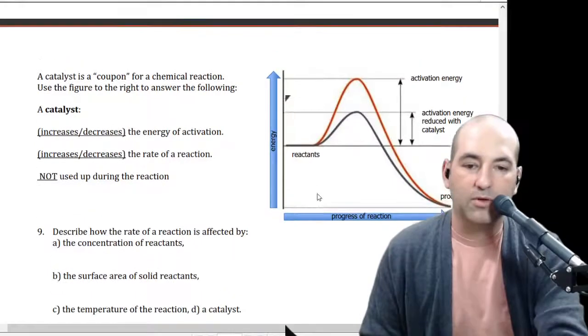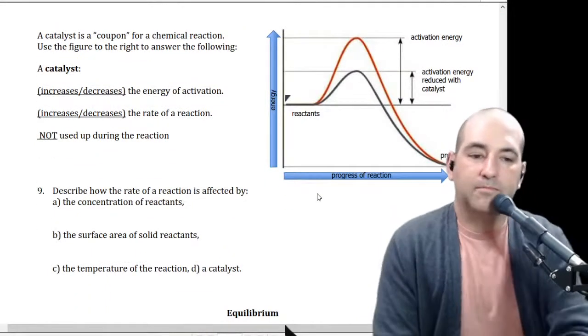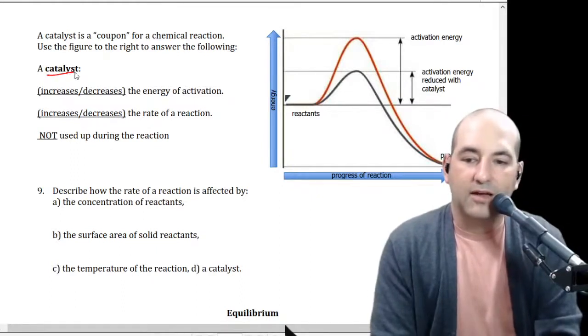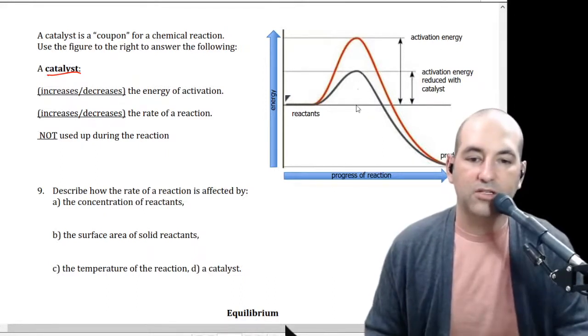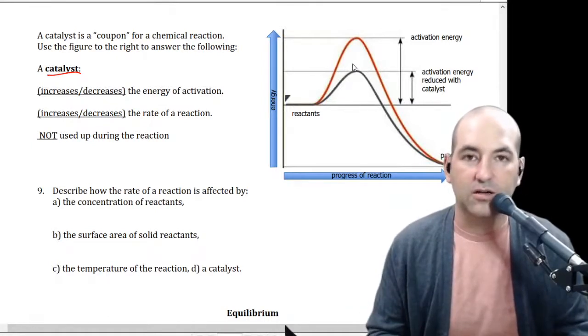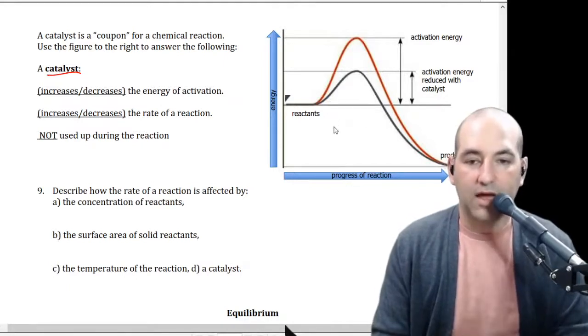So there's this example with a coupon here. But the more chemically important way of doing that is with something called a catalyst. You've probably heard that term before, but the catalyst decreases the energy of activation by providing a different mechanism through which the reaction can proceed. And in doing so, increases the rate of a reaction.